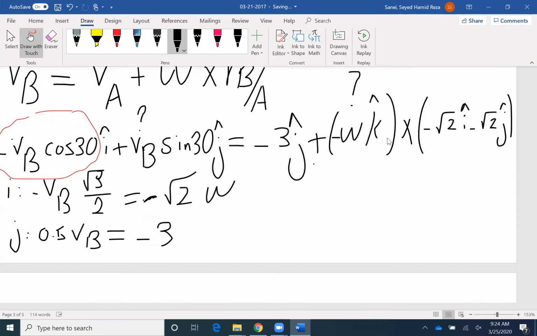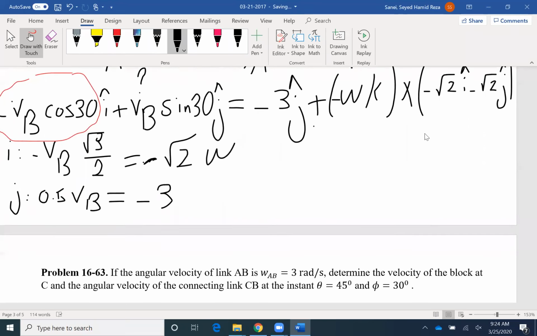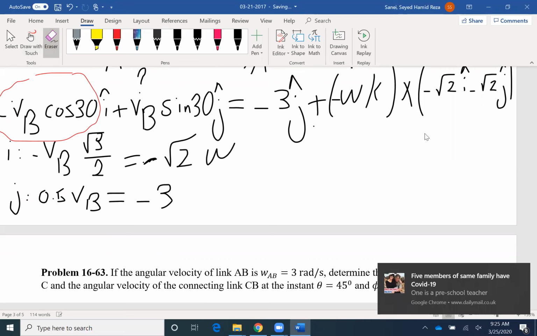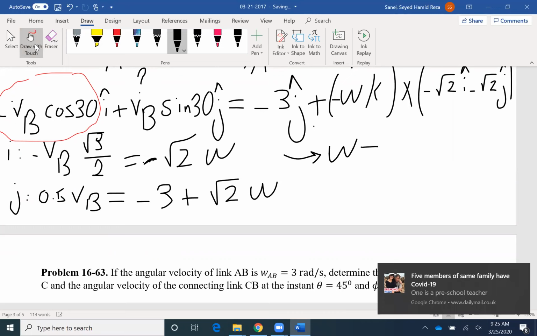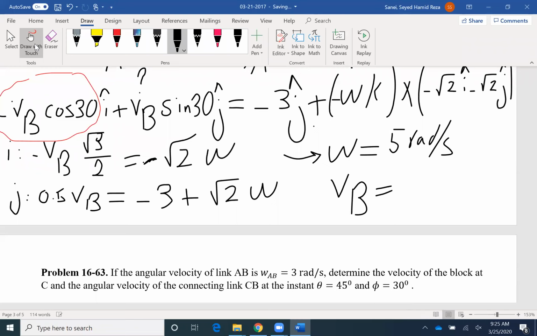K cross I would be J, have negative, negative over there, so positive, plus positive square root of 2 omega. So from these two, I have two equations and two unknowns. I can find omega to be 5 radian per second. Then I have VB to be 8.33 meter per second.